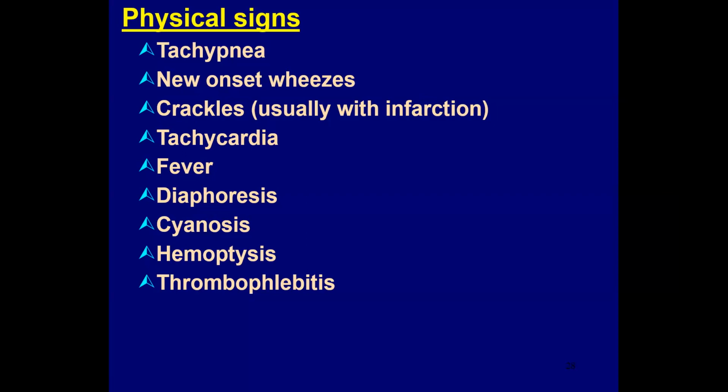There will be tachycardia, fever, sweating, diaphoresis, cyanosis may be present, hemoptysis may be present, and the patient may have signs of thrombophlebitis. One way to determine if the thrombus is occurring in the calf is a sign called the Homans sign, where the physician takes the bottom of the patient's foot and elevates it toward the head. If that causes pain, then there's likely thrombophlebitis.